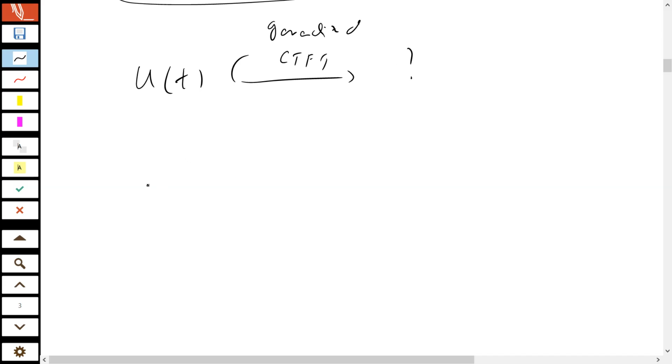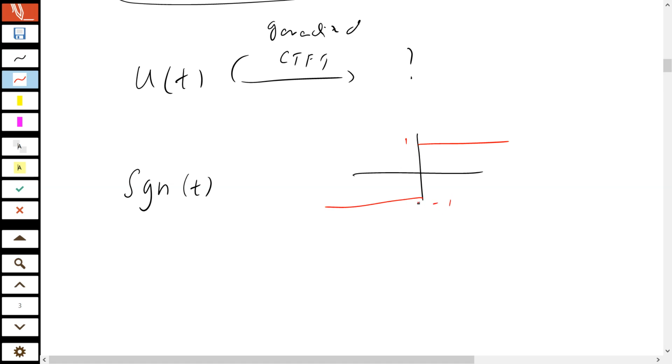Before that, we need to recall how we worked out the transform of the signum function. Why am I interested in signum? Because the signum function has a very simple plot, which is 1 here and -1 here, right? And u of t can be constructed from the signum function.